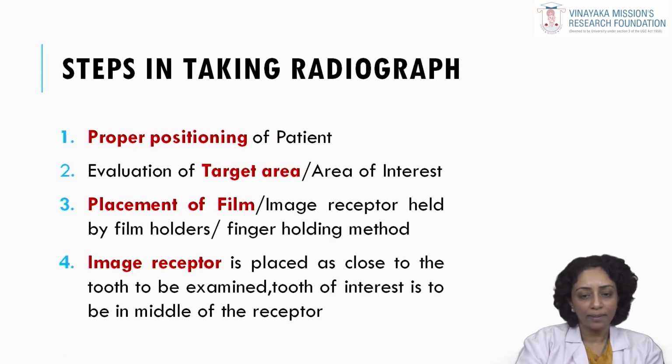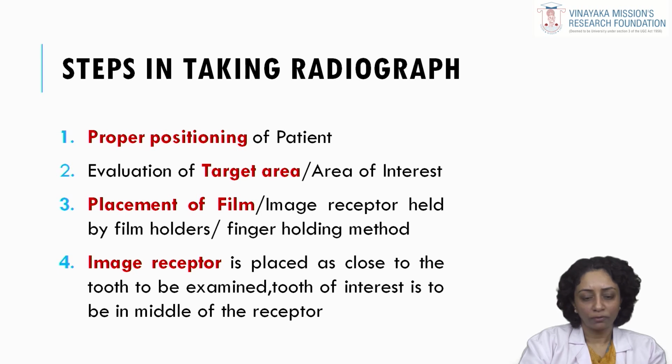So now what are the steps in taking radiographs? For a radiograph to be taken, there should be proper positioning of the patient, then the area of interest or the target area to be evaluated before placing the image receptor. After which, once the area of interest is decided, the image receptor is held in the oral cavity either by the film holders or by the finger holding method.